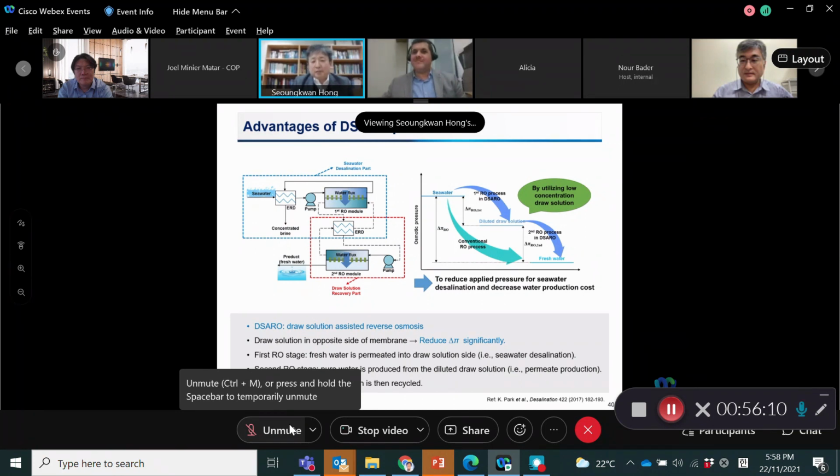Theoretically, the salinity, the osmotic energy of the solution, will have a significant impact on SEC. If you have more divalent ions, that causes a larger osmotic gradient across the membrane.